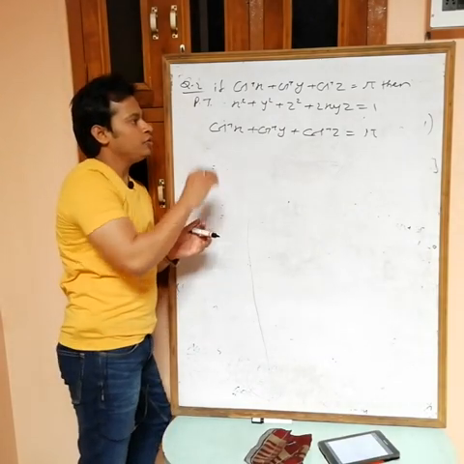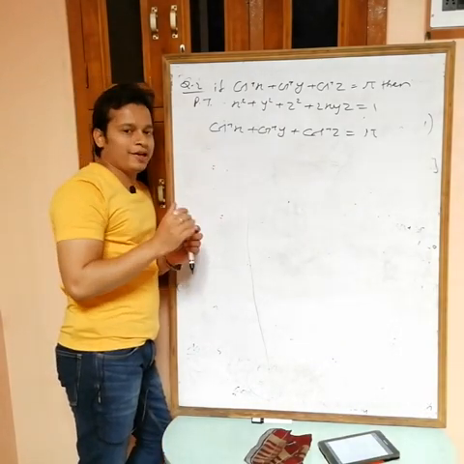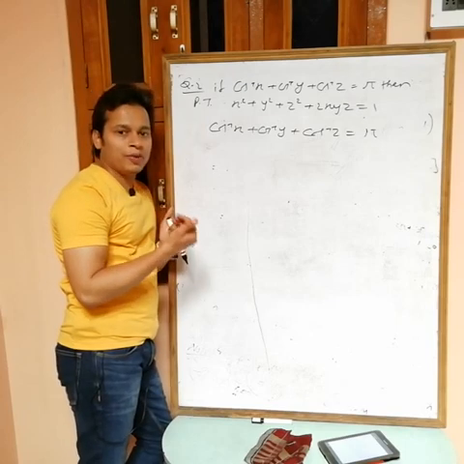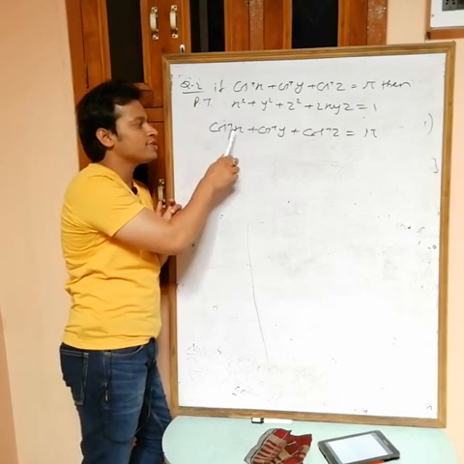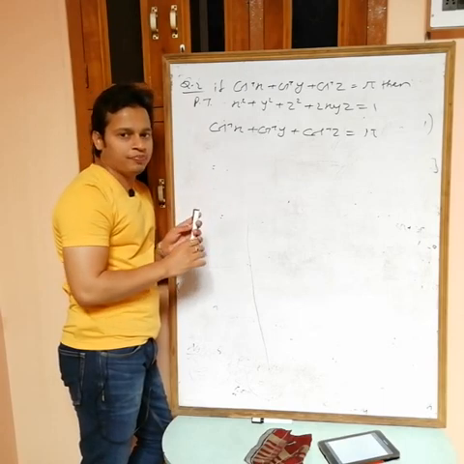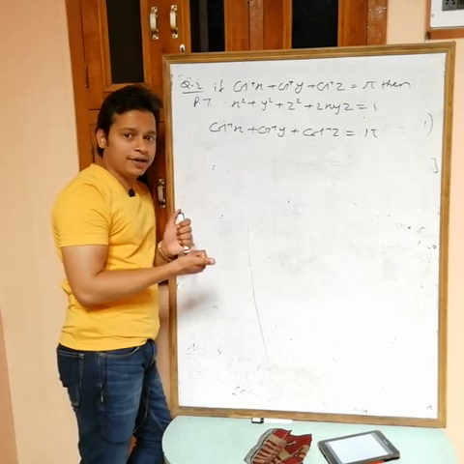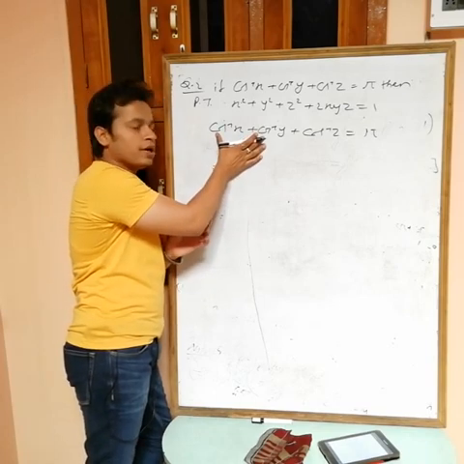Okay. So to prove it, we want a relation between x, y, z. How to get the relation between x, y, z? Then we have to apply the formula. We have a formula for cos inverse x plus cos inverse y, property number 6, sum and difference of ITF. So for these two I can use the formula.